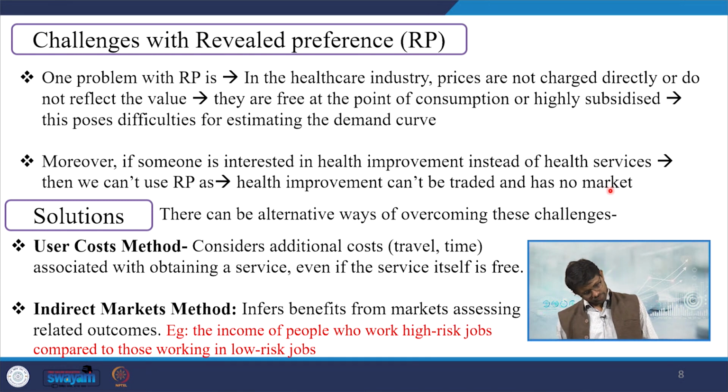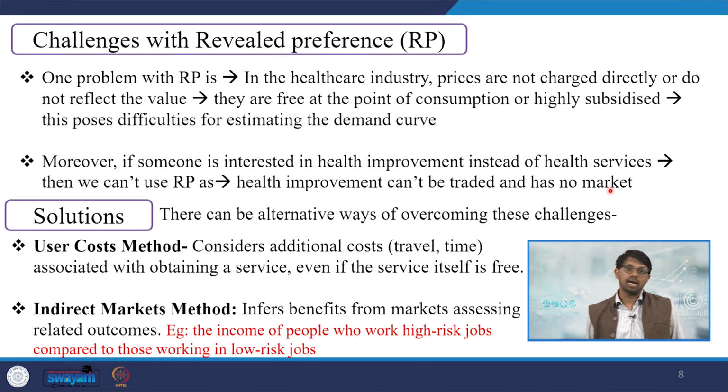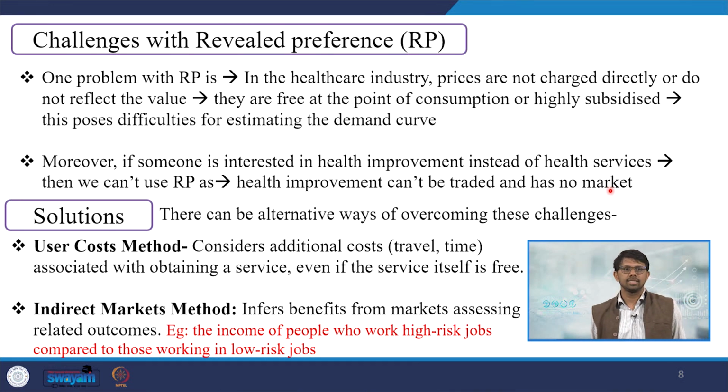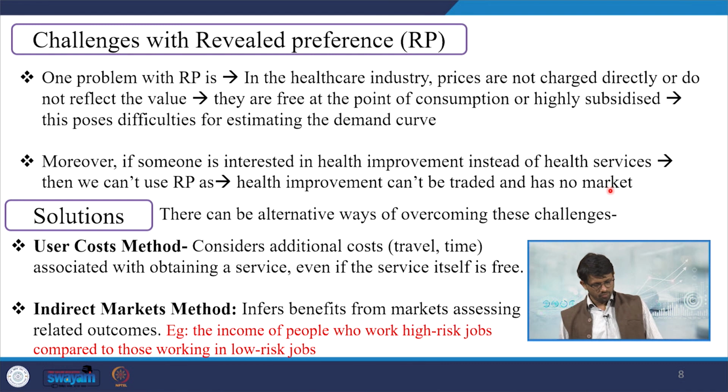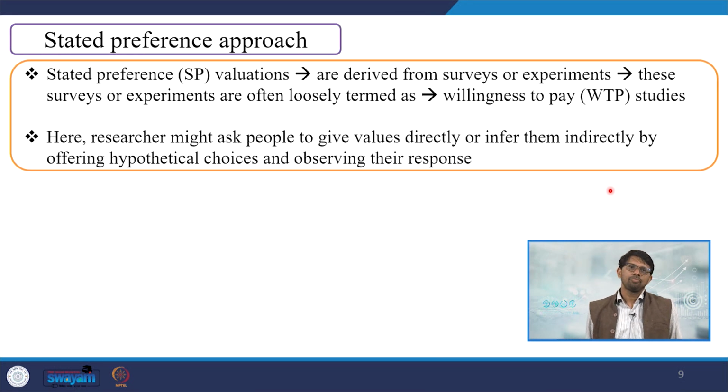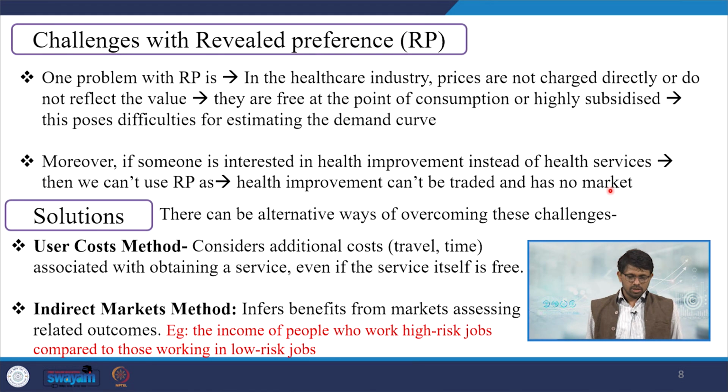There is the indirect market method as well. This infers benefits from market data on related outcomes, such as the income of people who work in high-risk jobs compared to those who work in low-risk jobs, and we can infer their change in income. So, that is all about the revealed preference.